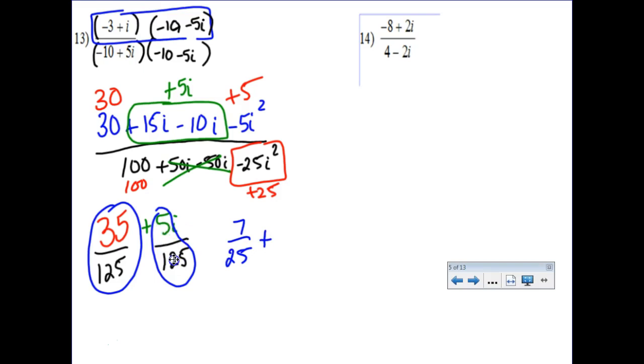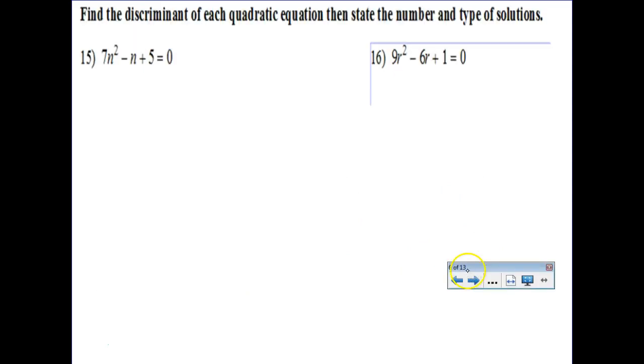Plus, and then these are both divisible by 5 again, so that'd be a 1 over 25i. And I know we're not letting you use a fancy calculator, so there is no math enter button, but we would expect you to reduce that back to a fraction. Make sure, some of you did not put it in a plus bi form on the last test, so that's what got you in trouble.